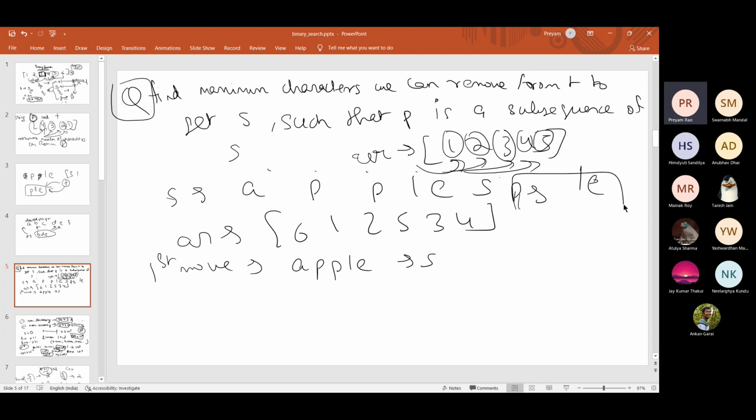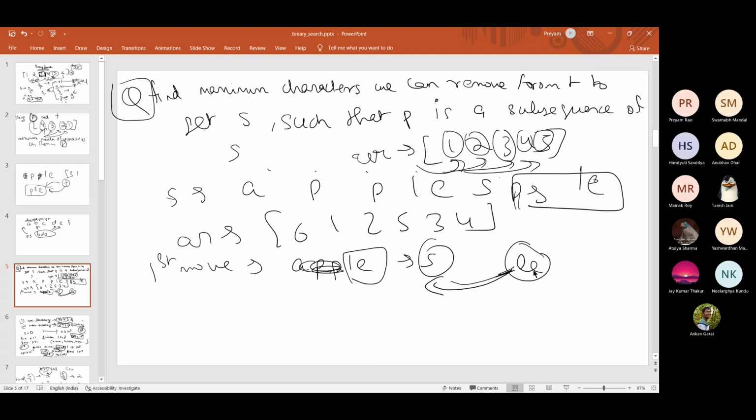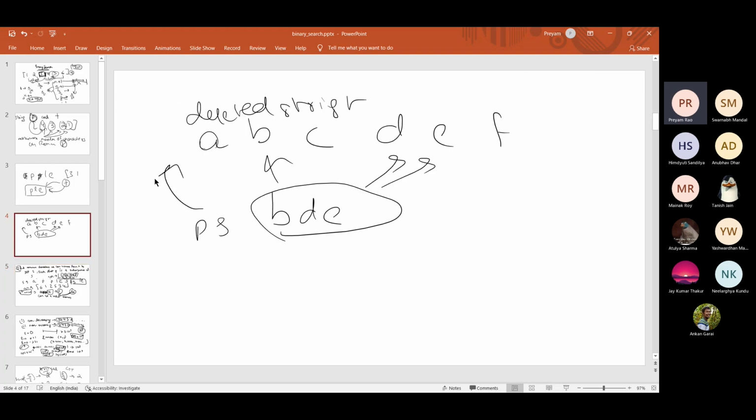Then we need to check if LE is a subsequence of S. Now notice that LE is in fact a subsequence of S, since we can delete these three characters and we'll find LE. So the first move can be a valid answer, right? So I hope the question is clear.